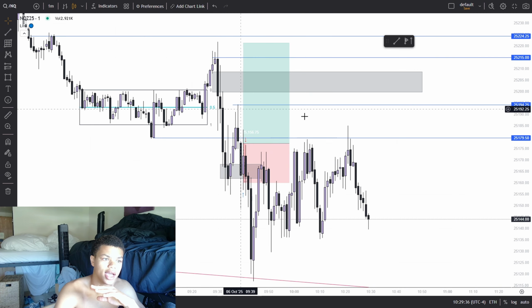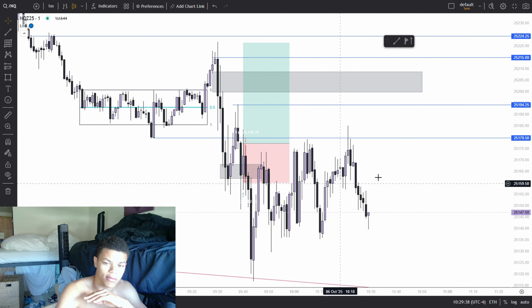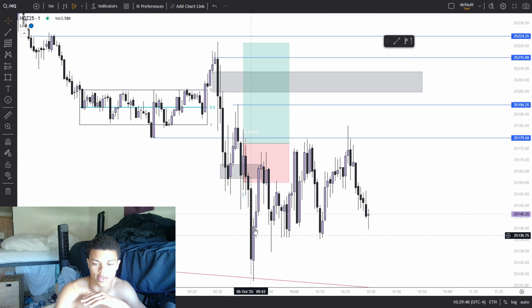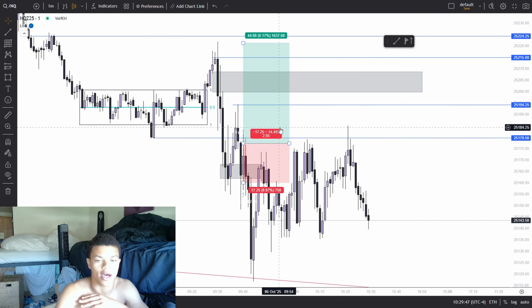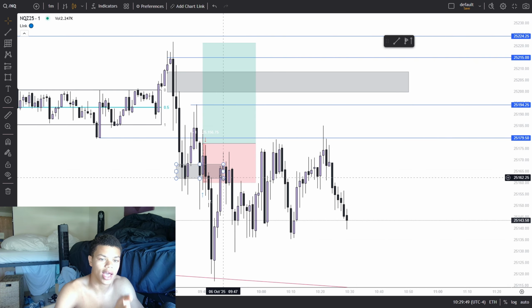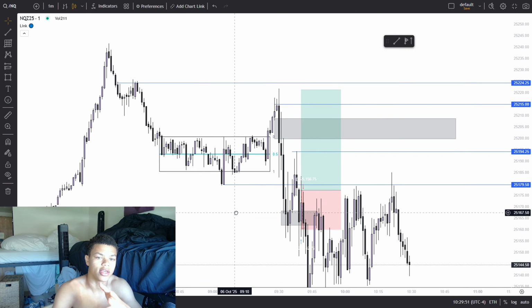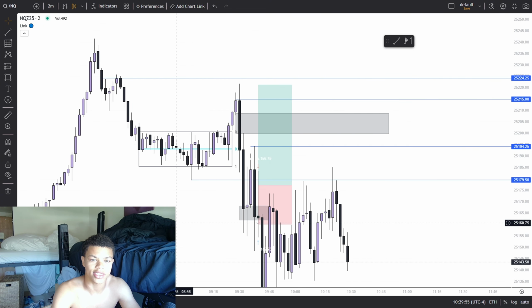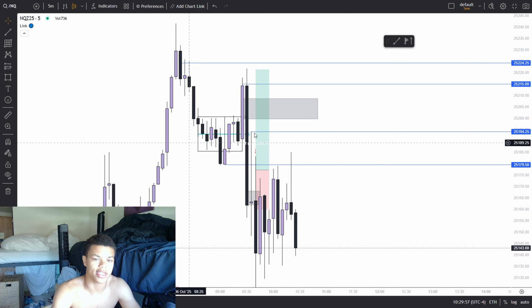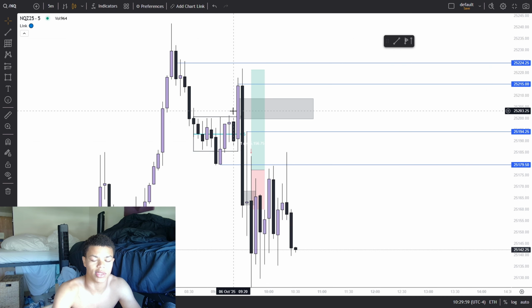If you can ignore all of this price action that already happened right here and focus right on here all the way up to like 9:40, you can see that we do have my model playing out valid. On the 2-minute, or the 5-minute, we can see that we simply wicked out of this accumulation level and then came back lower into it.